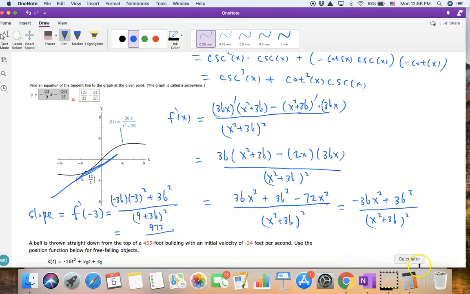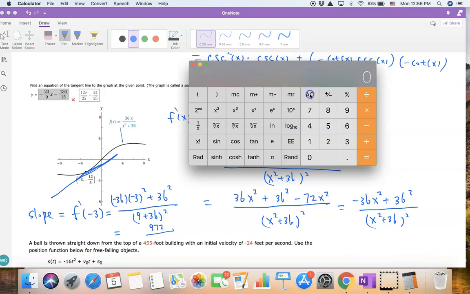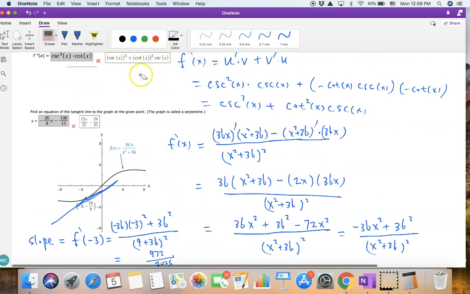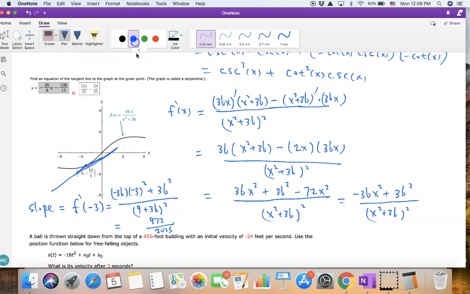Now over 9 plus 36, that's 45. So 45 times 45 is 2025. So that's the slope.